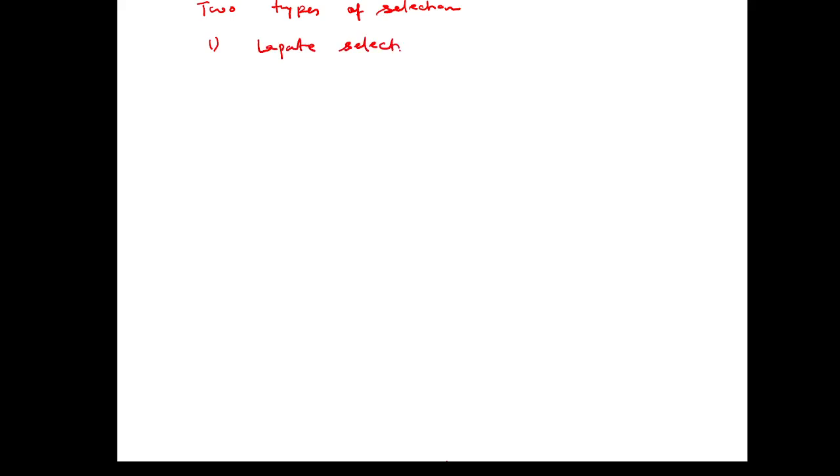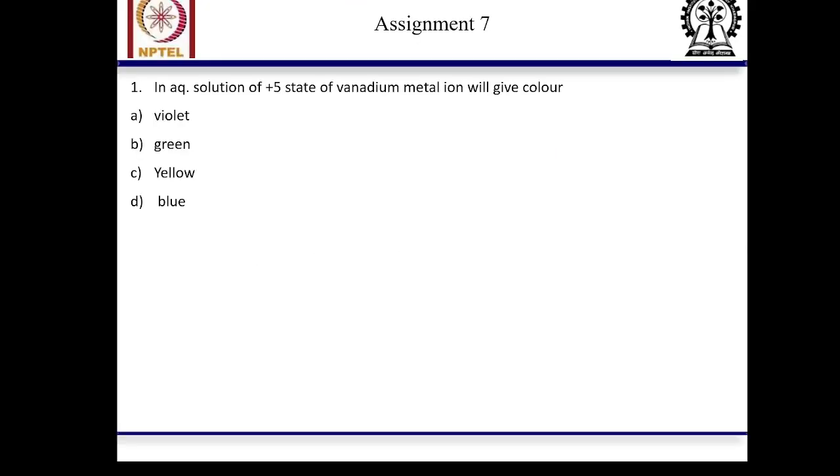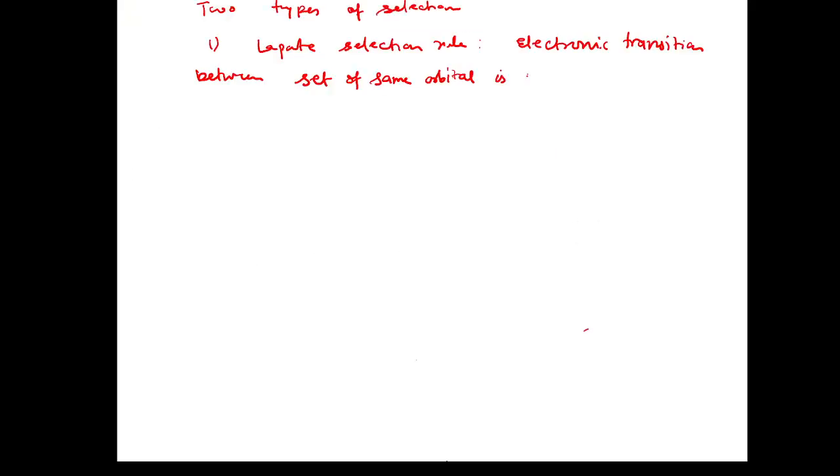First one is the Laporte selection rule. What does it say? It says that the electronic transition between a set of the same orbital is not allowed.